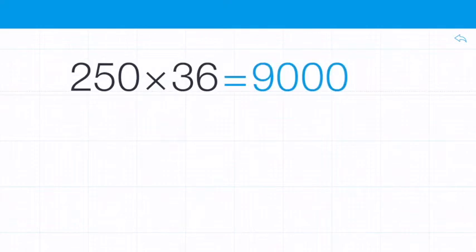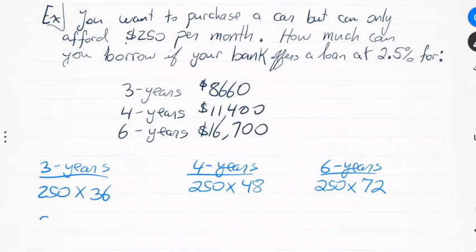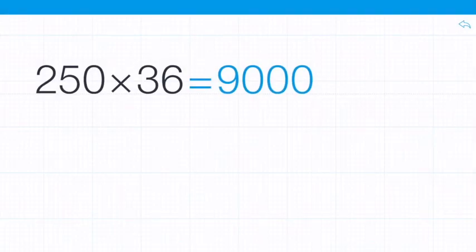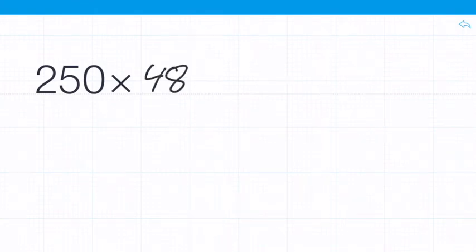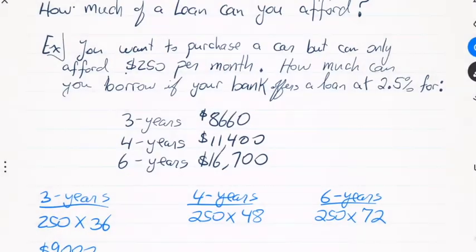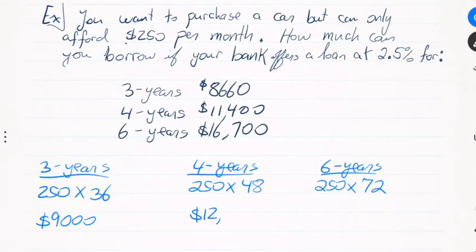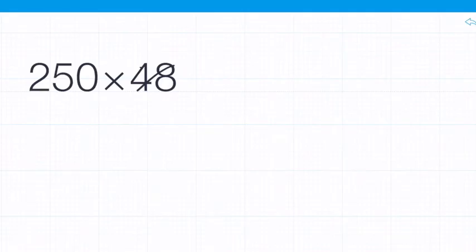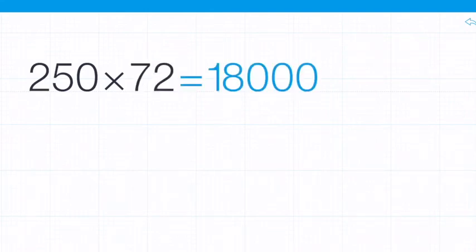is $9,000. For 4 years, 250 times 48 is $12,000. And for 6 years, it is $18,000.